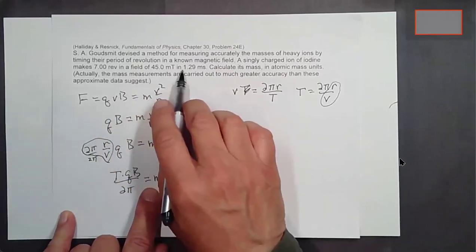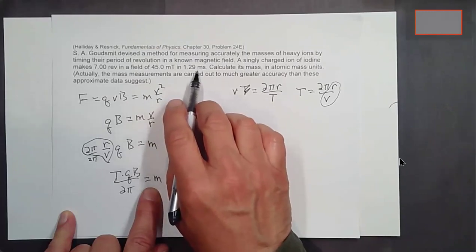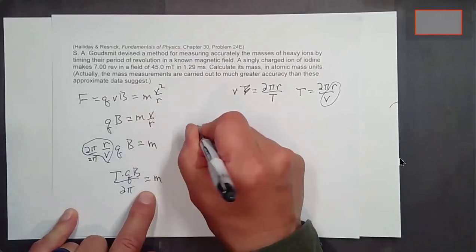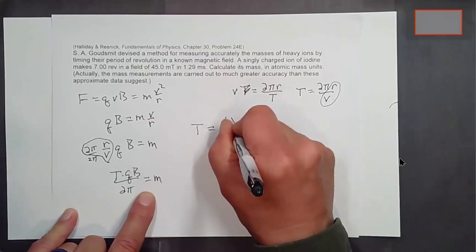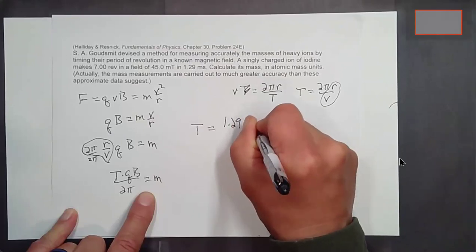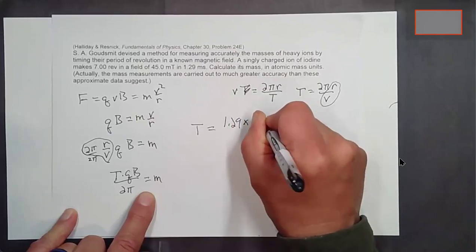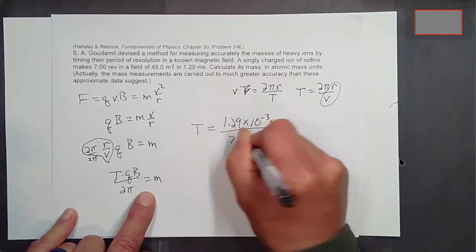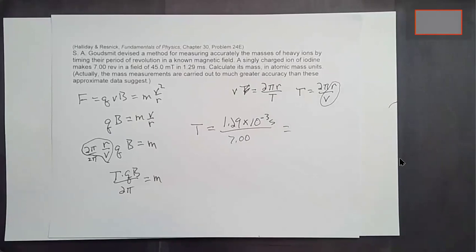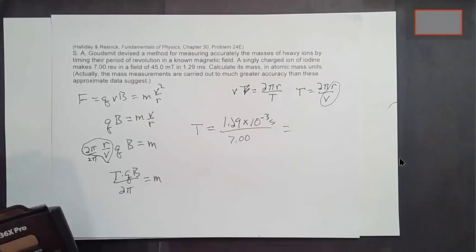So this made 7 revolutions in 1.29 milliseconds. So I can figure out what the time for a revolution is. It's 1.29 times 10 to the minus third seconds divided by 7.00. Oops, turn on the calculator first.